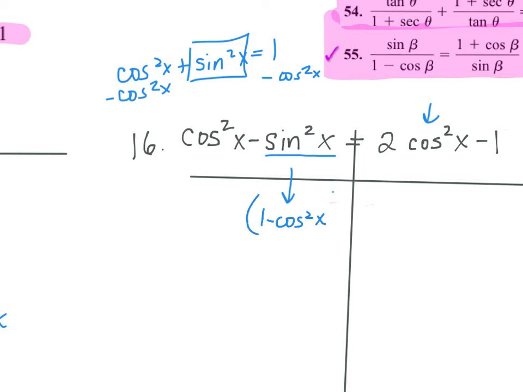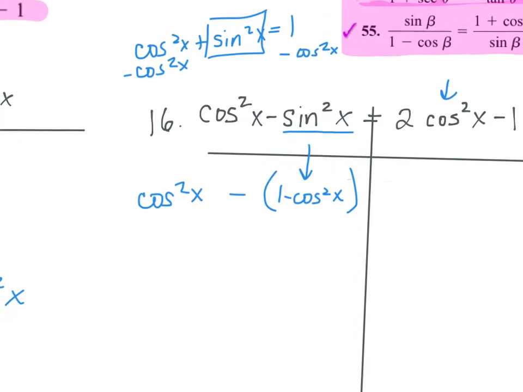And I still have the rest of this problem, so I still have cosine squared x and then a minus sign. So if you guys just continue on, now this is different than how I did it on the answer key, because I'm showing you can do it two different ways. If I distribute this negative sign here, then I have cosine squared x minus 1 plus cosine squared x.